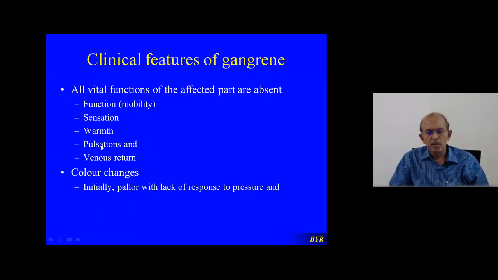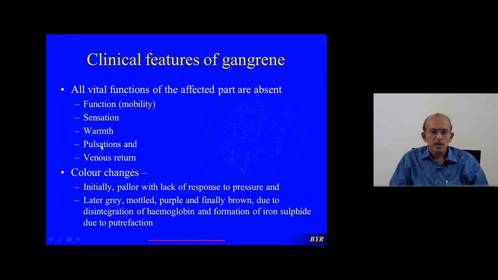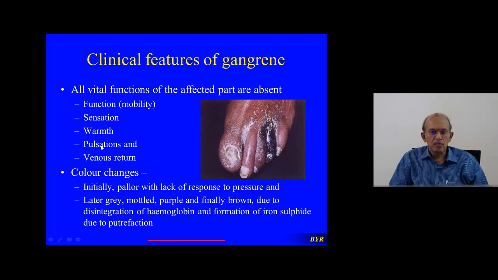Color changes: initially paler because of lack of blood, with lack of response to pressure, and later gray, mottled, purple, and finally brown due to disintegration of hemoglobin and formation of iron sulfide due to putrefaction. Due to putrefaction, hydrogen sulfide is released. That hydrogen sulfide combines with the iron in the hemoglobin and forms iron sulfide.